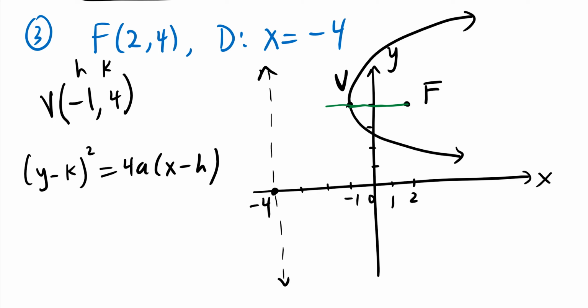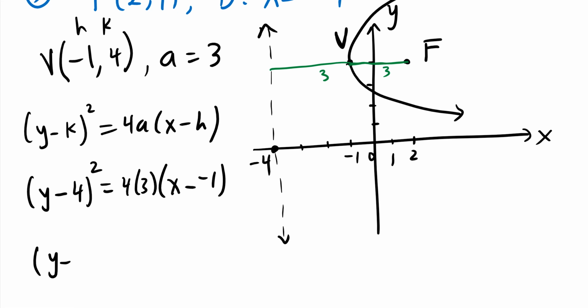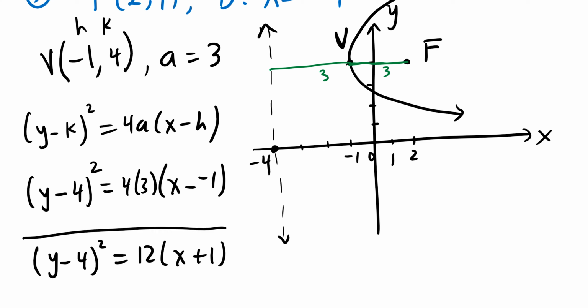So a is 3 units, and a should be positive because it opens to the right. Right is positive, left is negative. So all we have to do is substitute: (y minus 2) squared equals 4 times 3 times (x minus negative 1), which is (y minus 2) squared equals 12 times (x plus 1). That's the equation of the parabola.